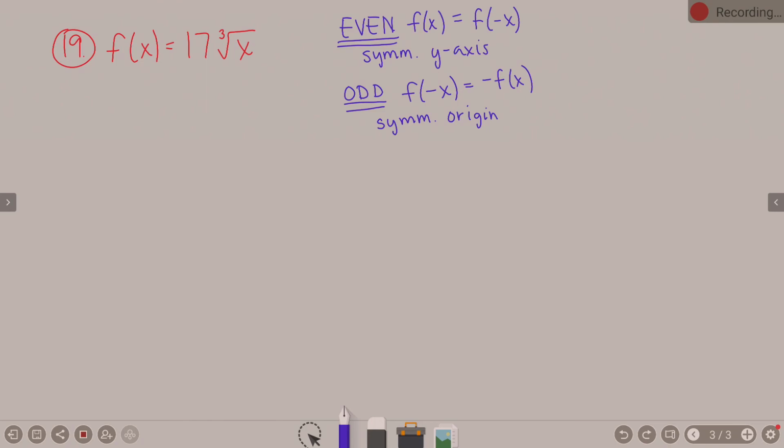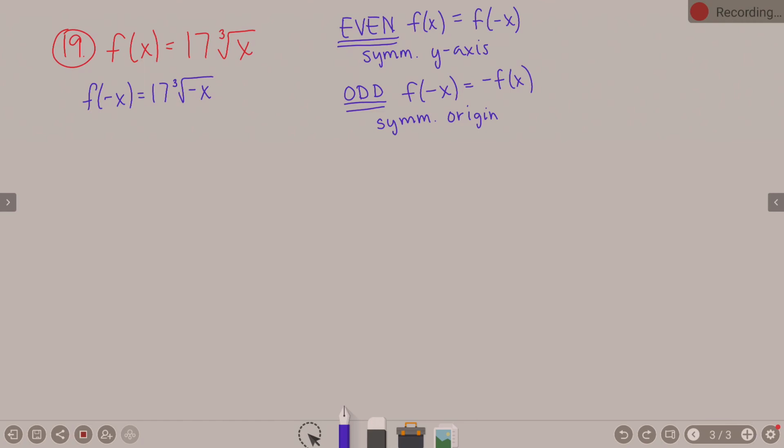f of x, so let's start by finding f of negative x. I do want to talk about the algebra on this one, but then we can look at the graph, okay? f of negative x says every place you see an x, you replace it with negative x. So I'm going to write this as 17 times the cube root of negative x. Now, here's the trick that is catching people.